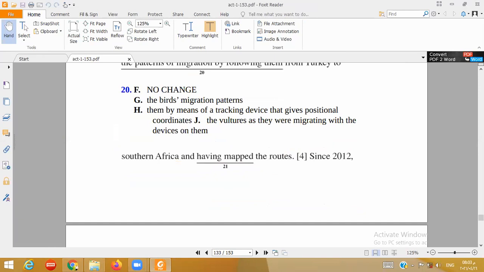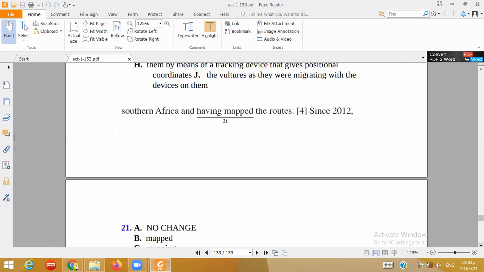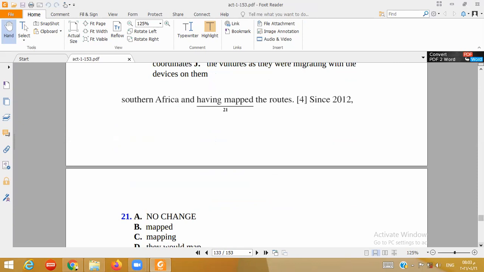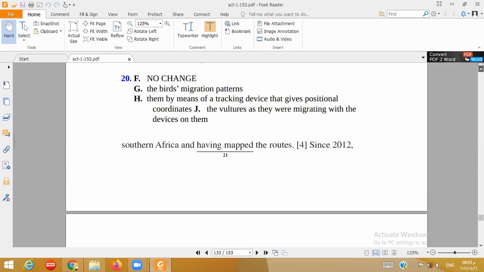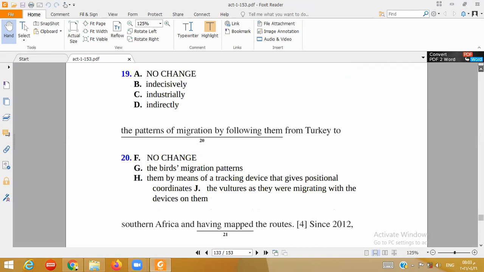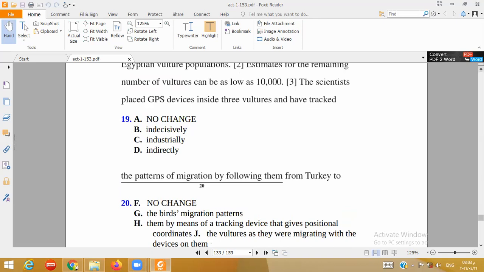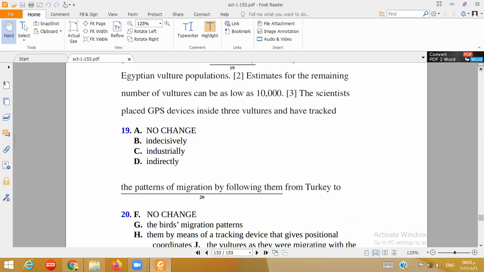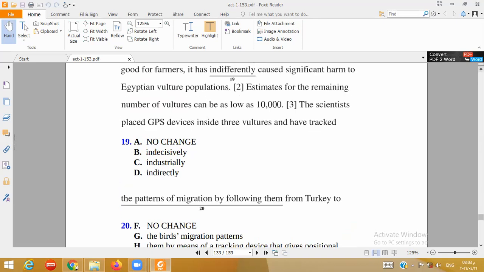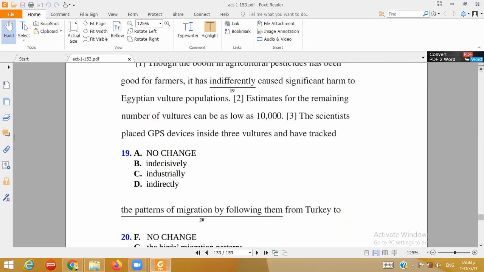Southern Africa and having mapped the routes. Okay.